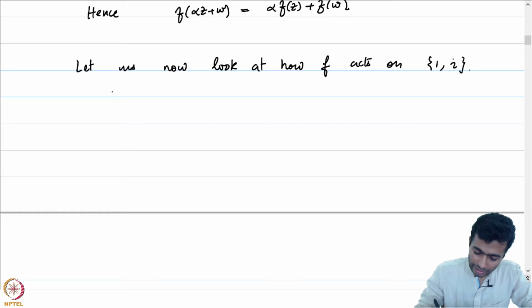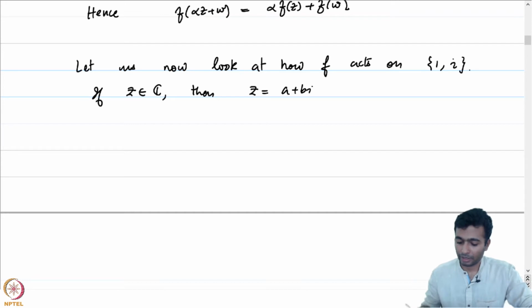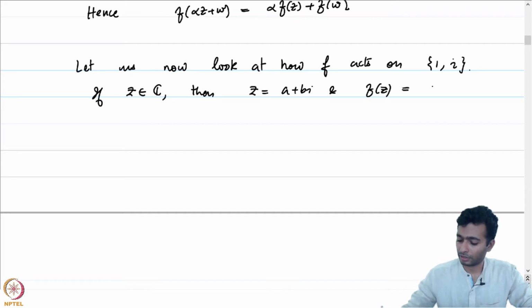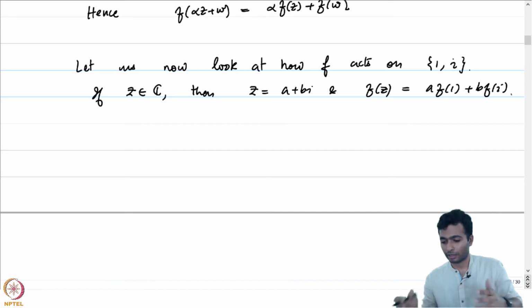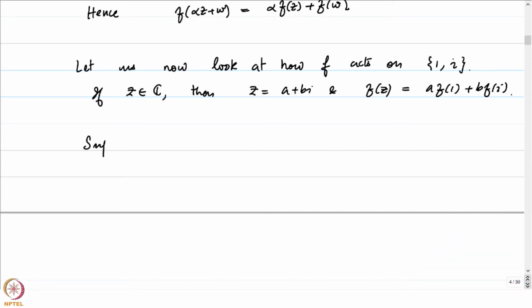Notice that if z is in C, then z is a plus bi for some real numbers a and b, and then f of z, because it is linear, will just turn out to be equal to a times f of 1 plus b times f of i. So this is precisely what we are exploiting, isn't it? Suppose f of 1 is equal to some complex number alpha.